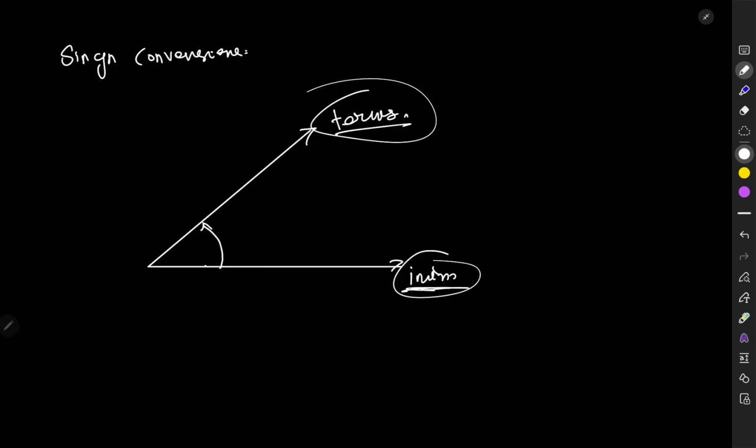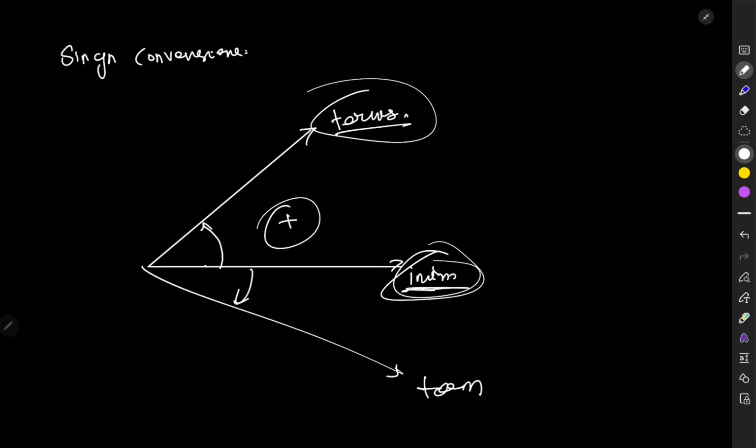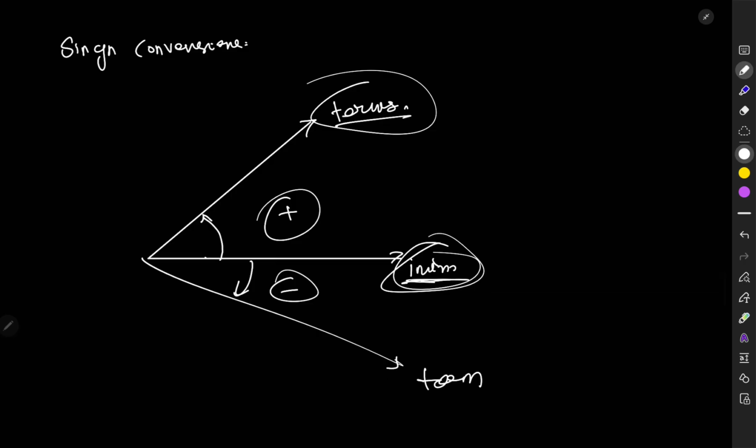And if this is initial and this is terminal, we will rotate it like this. So when we rotate anti-clockwise, we will take it as positive. When we rotate clockwise, we will take it as negative. That's all we have to learn in this.